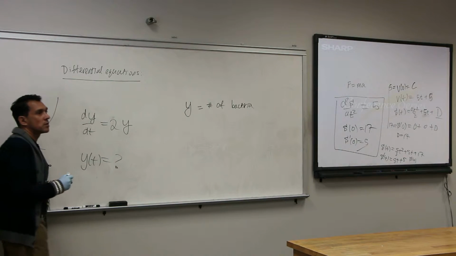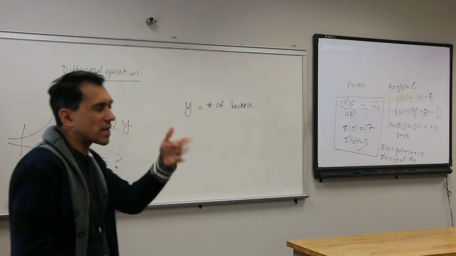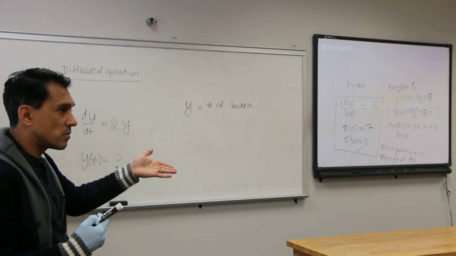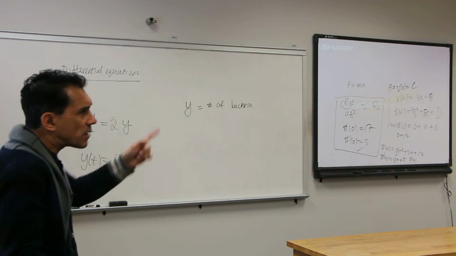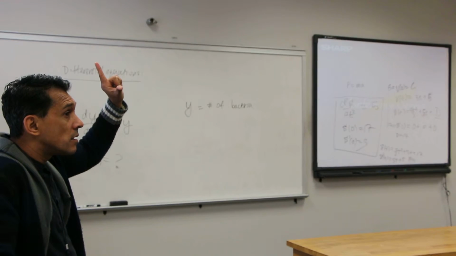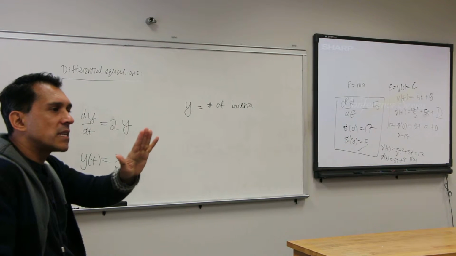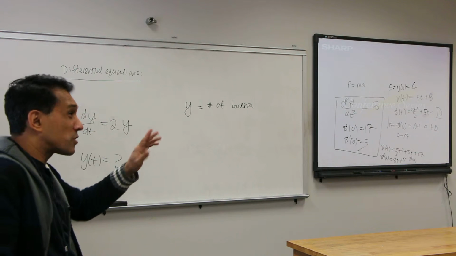Clear? Now, in essence, I'm going to have to do some kind of integration, because if you want to get rid of derivatives, you have to integrate. And when I integrate, I'm going to pick up a constant. Which means it's not enough to tell me the velocity. You have to tell me how things started.